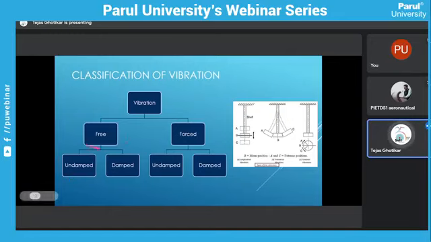Even if you consider a simple pendulum, as it oscillates, after some time it will come to equilibrium. It will stop oscillating. We are not applying any force, but still the oscillations will decay and it will stop after some time. What is the reason behind that? Friction, air drag.